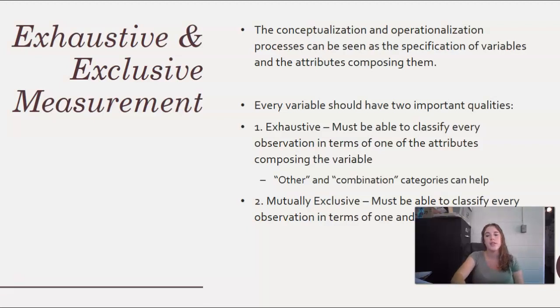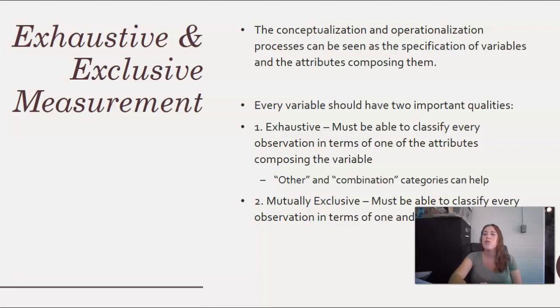So if we're trying, for example, to study criminal sentences, our variable is criminal sentence. So we then need to, remember, have indicators for what we mean by criminal sentence. And so let's say that we have only included prison and fine as our answers to criminal sentence.